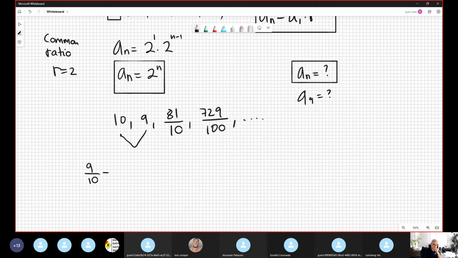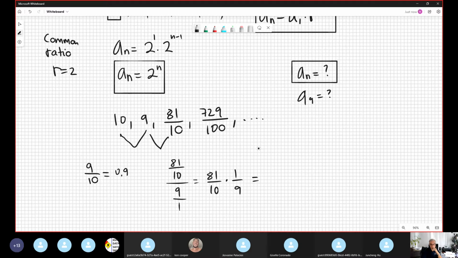Now you divide the next by this: 81 over 10. Remember, any element divided by the previous. By hand or calculator, either way. 9 is a whole number, so I get 9 over 1. Get the fraction on top, copy exactly the same and flip it because of division.